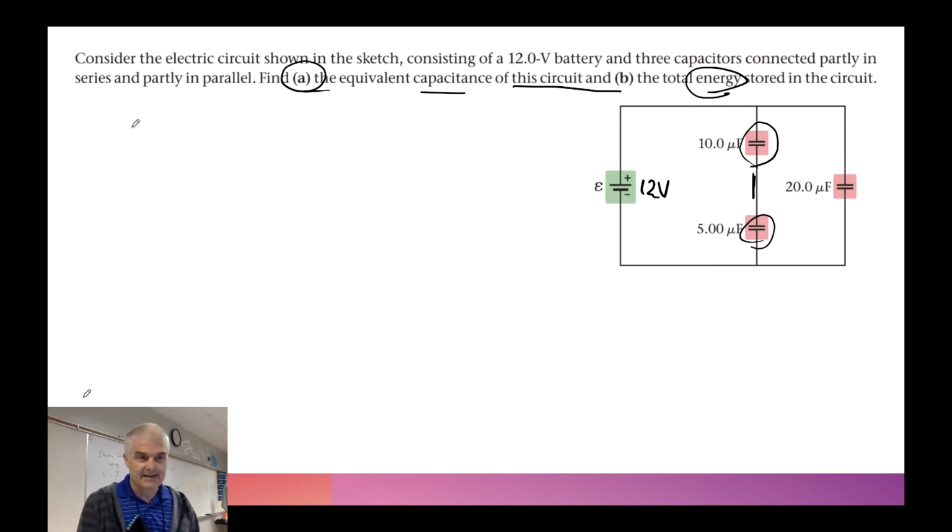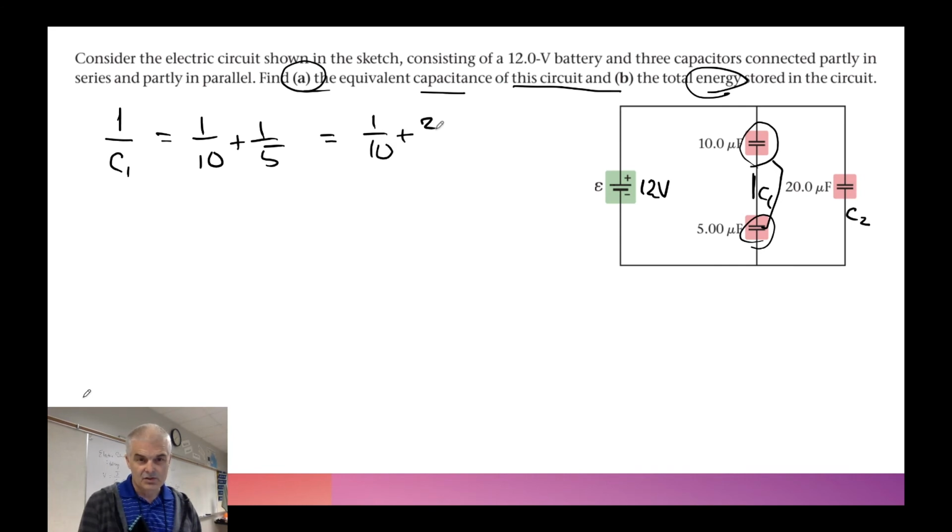So I'm going to call this 1 over C1, and I'm going to call this C2. Does that make sense? These combined guys are going to be equal to 1 over 10 plus 1 over 5. I can do that sort of in my head: 1 over 10 plus 2 over 10 equals 3 over 10.